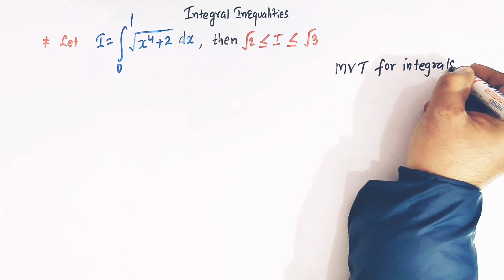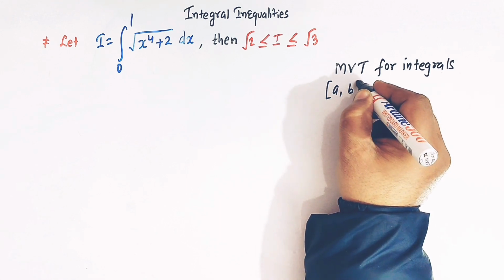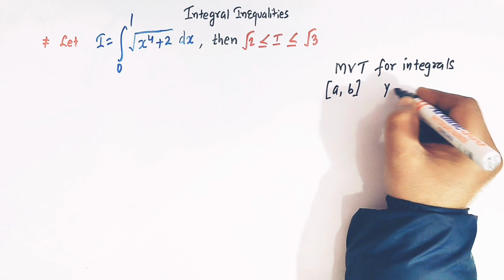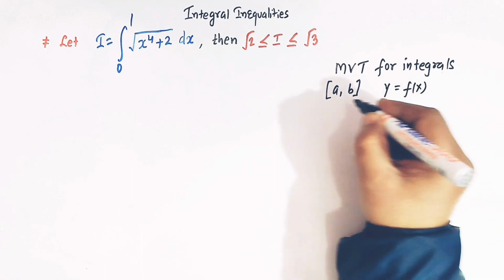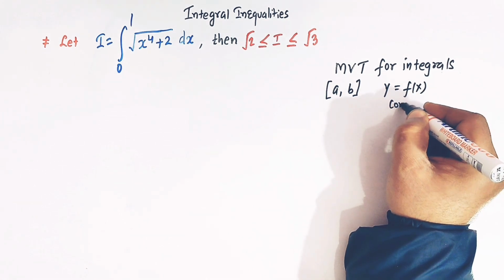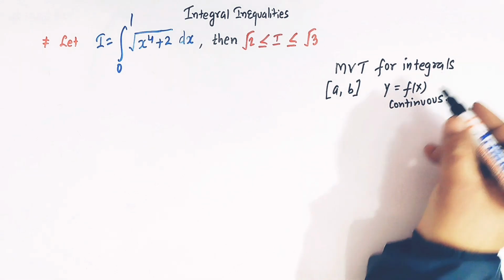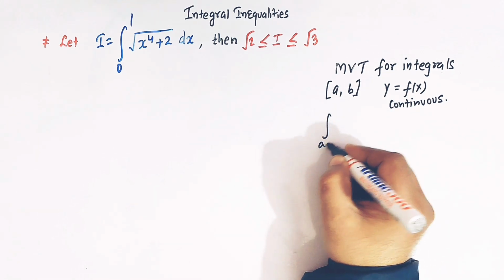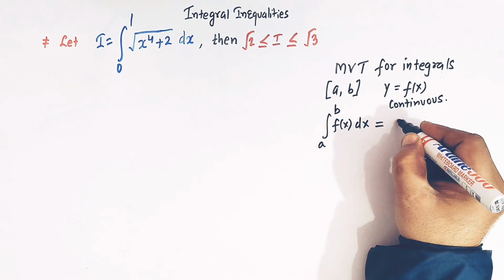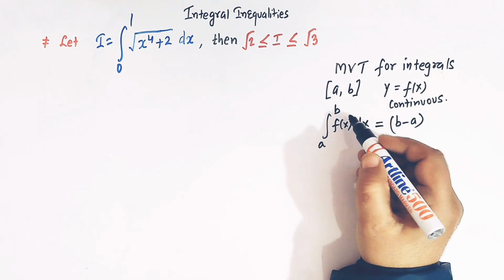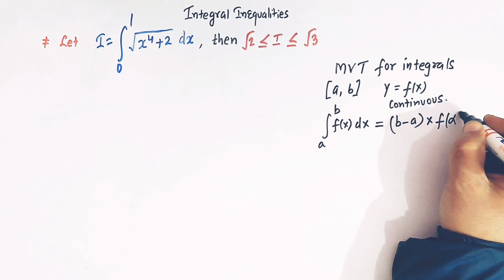So the mean value theorem for integrals says that if we have a closed interval, say a comma b, right, and we are having a function, say y is equal to f of x, and this function is defined on this interval, and it is also continuous, right? So mean value theorem for integral says that the integral a to b f of x dx is equal to b minus a, that is the difference of upper limit and lower limit, multiplied f of alpha, right?